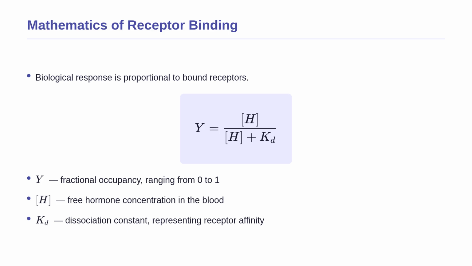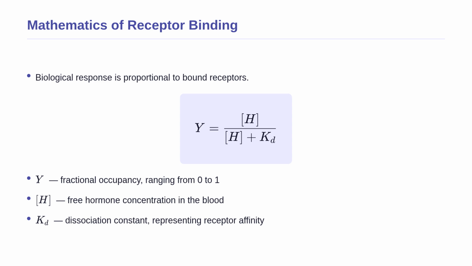To truly understand how strongly a hormone affects a cell, we must look at the mathematics of hormone receptor binding. The biological response is generally proportional to the number of receptors currently bound by a hormone. We calculate this using the fractional occupancy formula. Y represents the fractional occupancy, which is the percentage of bound receptors.